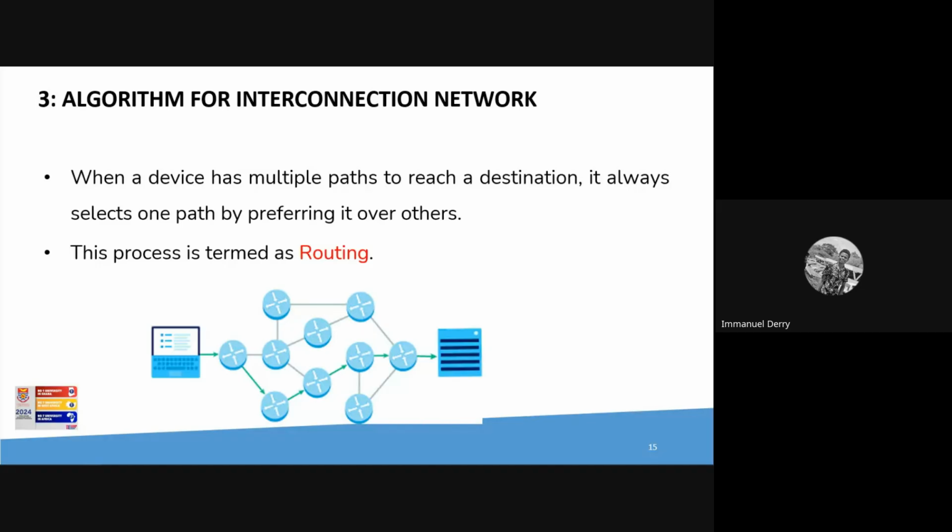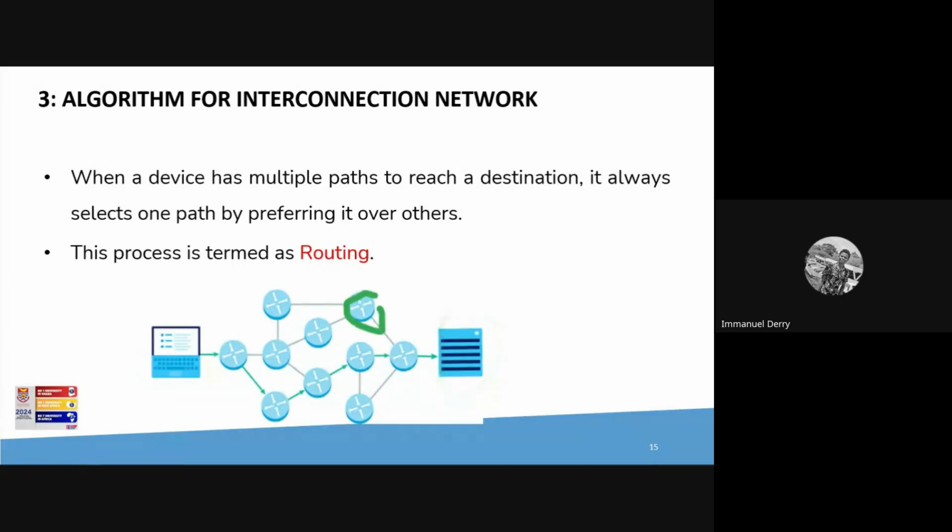This process can be called routing, where the information moves from the source through the other nodes or devices in the network to the destination. In that process, they select the path by referencing the other paths as well. So let's assume, for instance, this is our computer and this is our server.